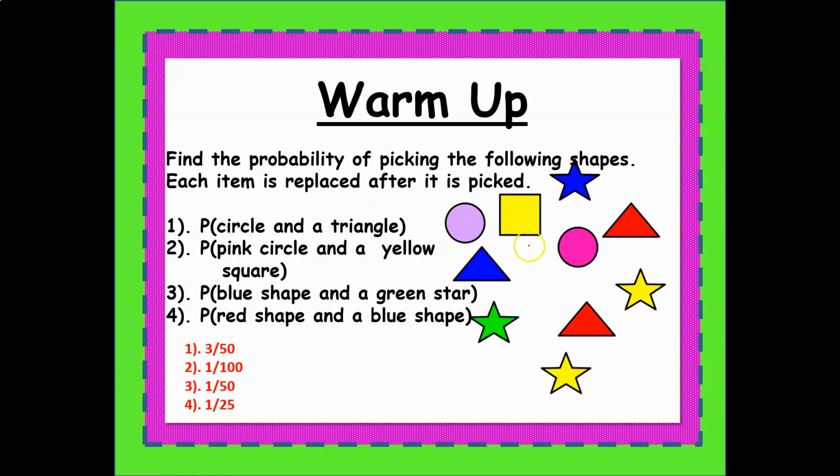So the probability of drawing a circle is 2 out of 10, so 2/10. Remember, we can simplify that into 1/5. And a triangle would be 3/10. So 1/5 times 3/10 equals 3/50.